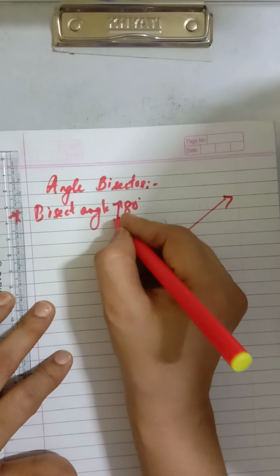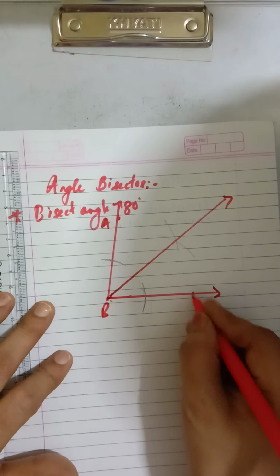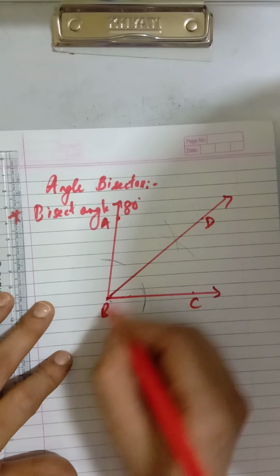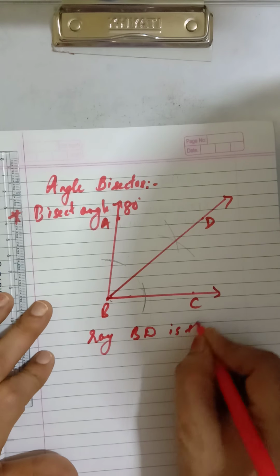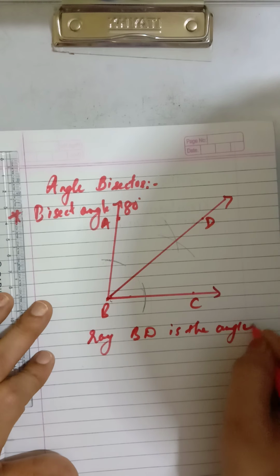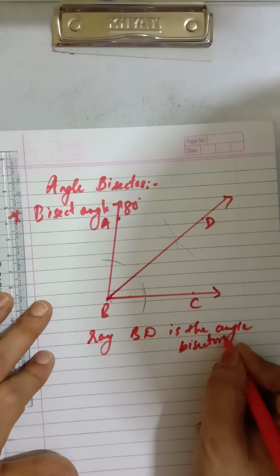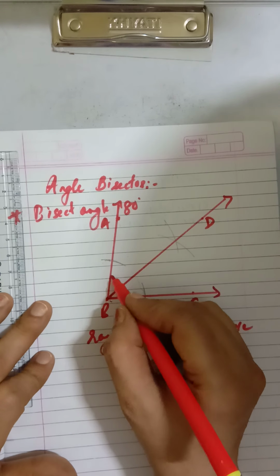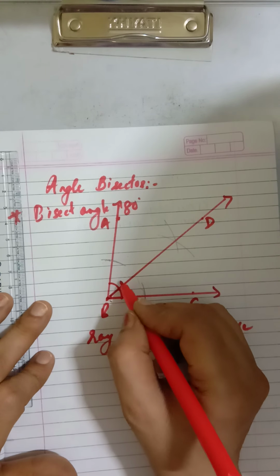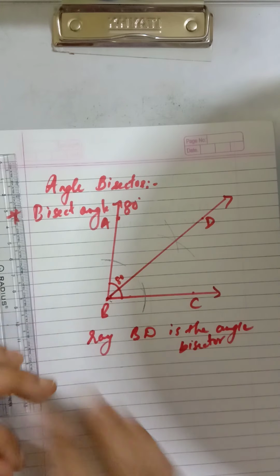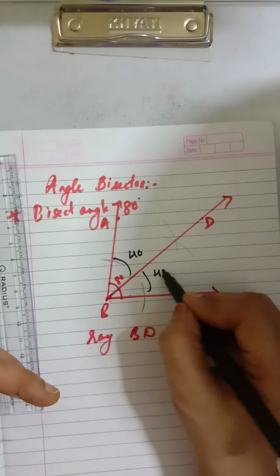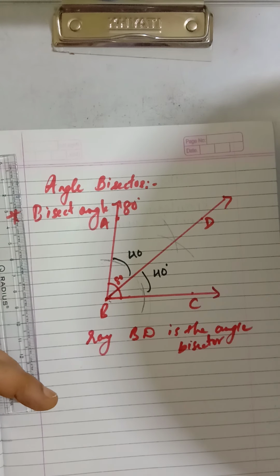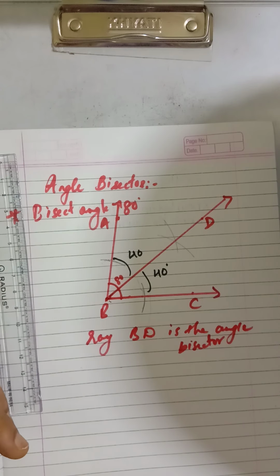You can write the name of the angle, suppose A, B, C, here I have written D. So your this ray BD is the angle bisector. And now this full angle is how much? 80 degree. Then half angle will be, now this half part will be 40 degree, this will be 40 degree. So this way you can draw the angle bisector for any given degree of the angle.